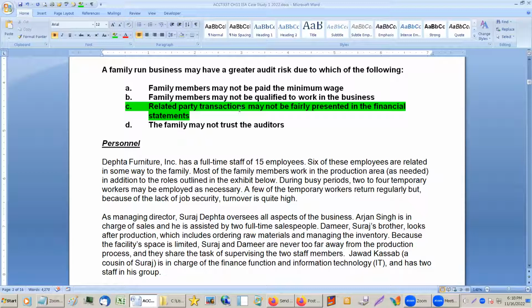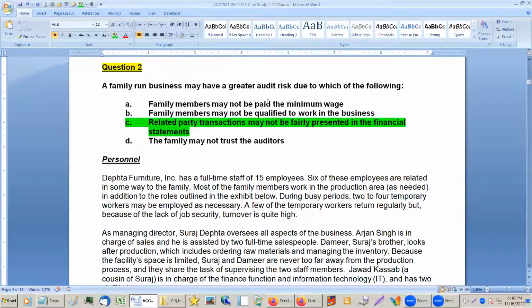Now, related party transactions. There's a couple of problems with those, and the problem is that they may not be arm's length transactions. Sometimes they're a sweetheart deal, or there is the possibility that a family member is buying something at an inflated price to increase the profitability so the place looks like it's more profitable. Related party transactions are not just a problem in international standards, they're a problem in US standards.